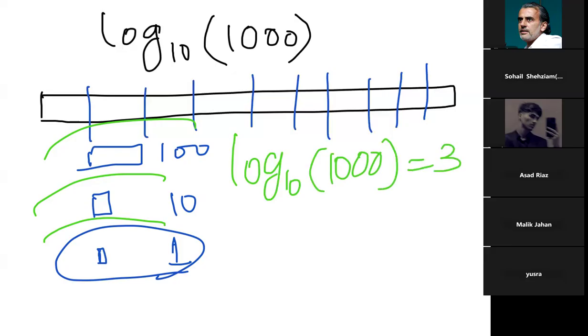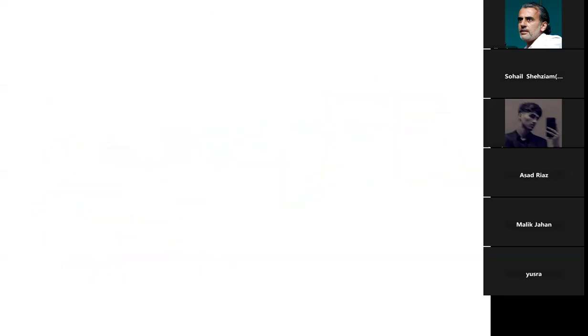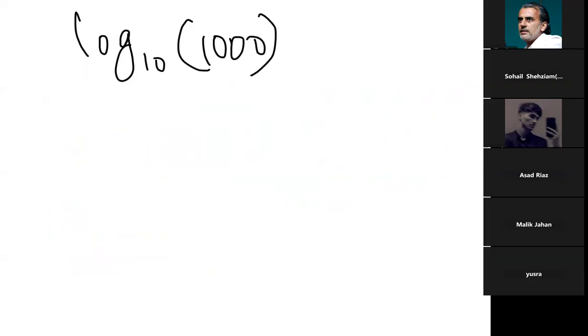Now we are going to have a look at the same thing in a slightly different way. If I rewrite that expression, log base 10 of 1000, this can be written as log base 10 of 10 raised to the power 3.